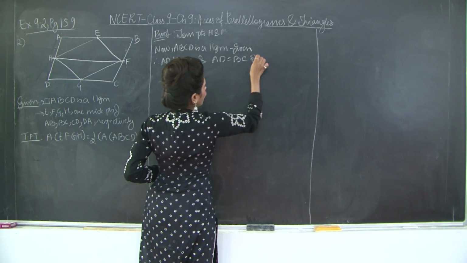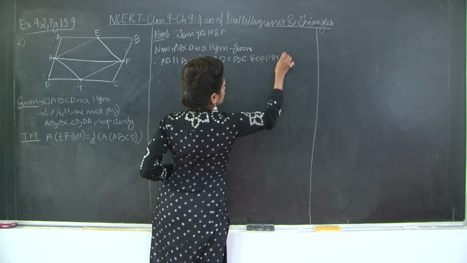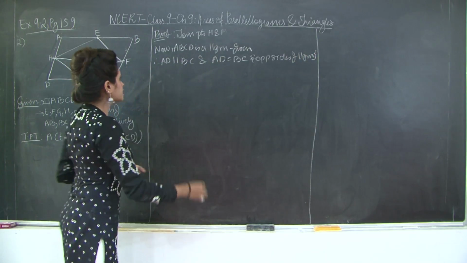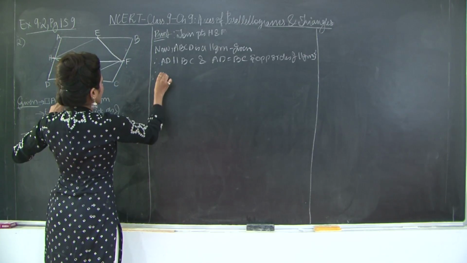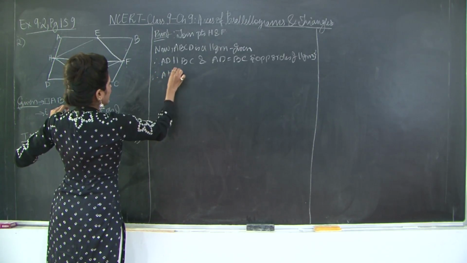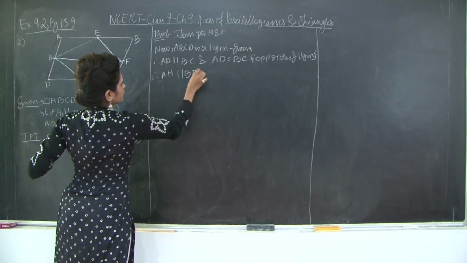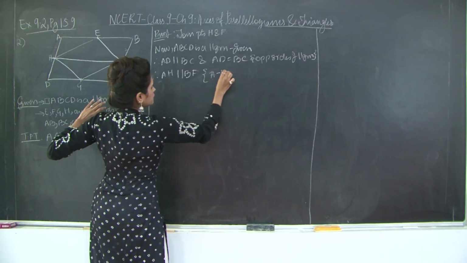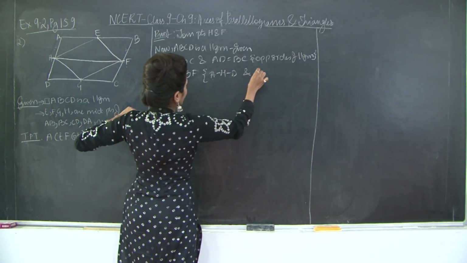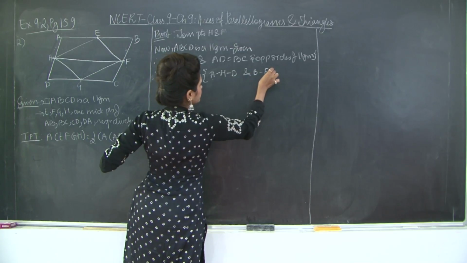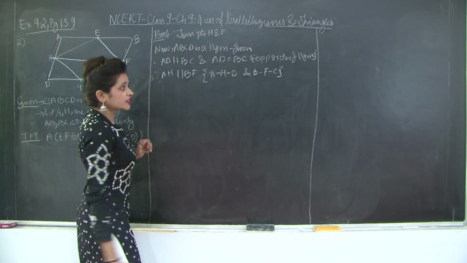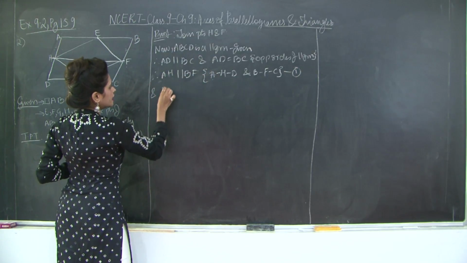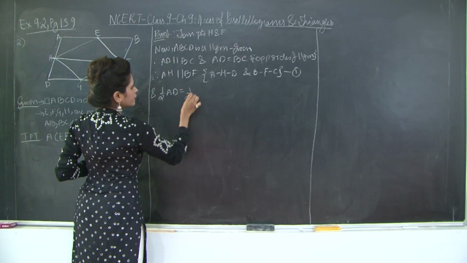Why? Opposite sides of parallelogram. Correct? Therefore, what do I have? I have AH parallel to BF. Why? Because I have H lying between A and D and F lying between B and C. Correct? Let's mark this as 1, and half of AD is equal to half of BC.